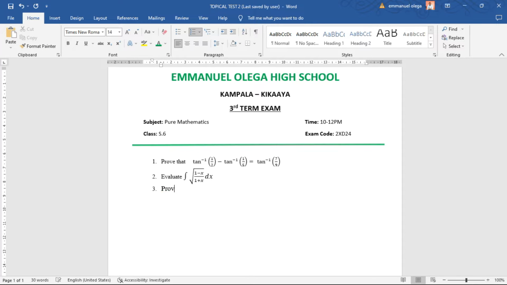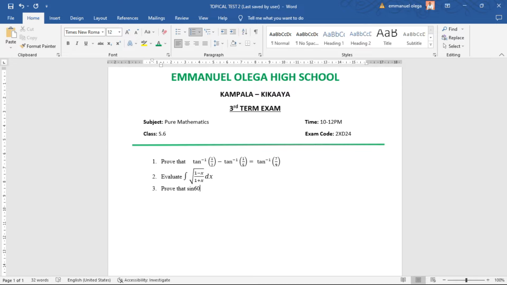Prove that. Actually, let's just go back to font size 12. Okay, prove that sine of 60 degrees is equal to root 3 over 2.